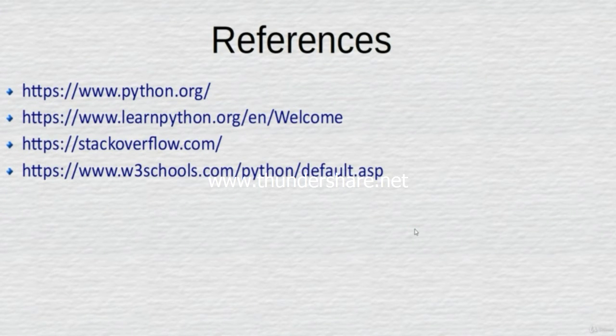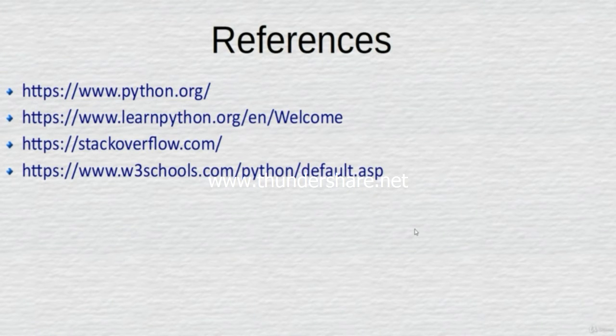Here are a few web resources or links you may find useful. Python.org. This is pretty much for developers. And also, there's one called learnpython.org. There are several tutorials available from that link.